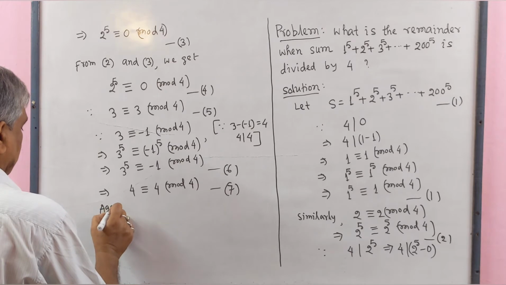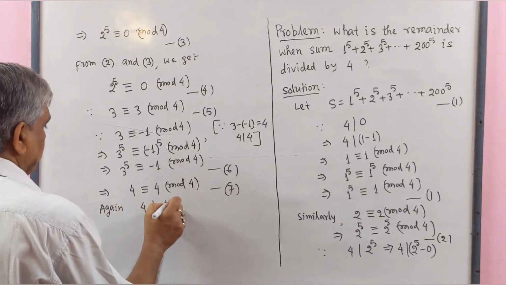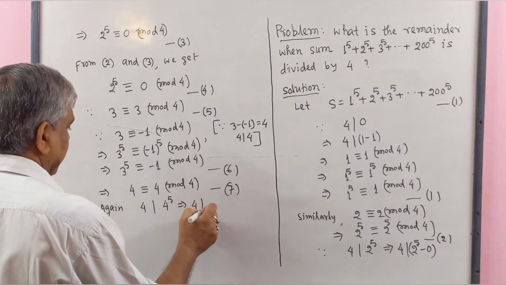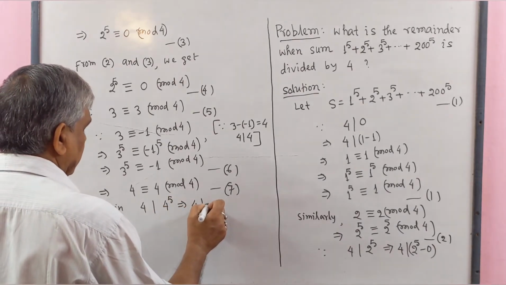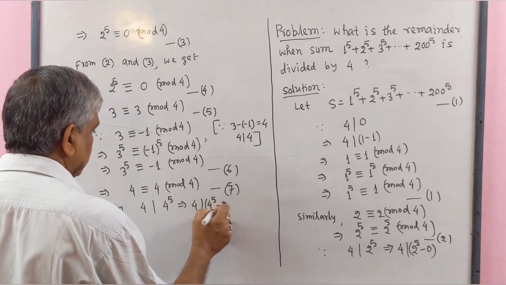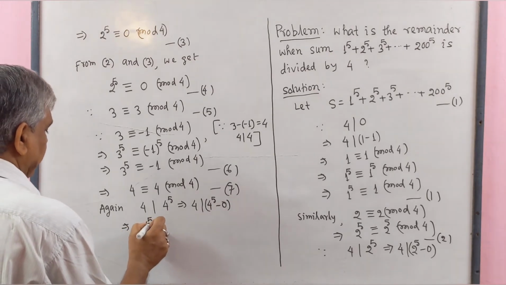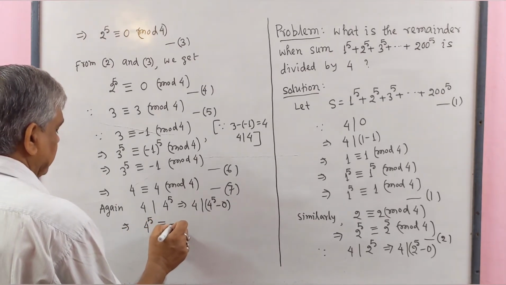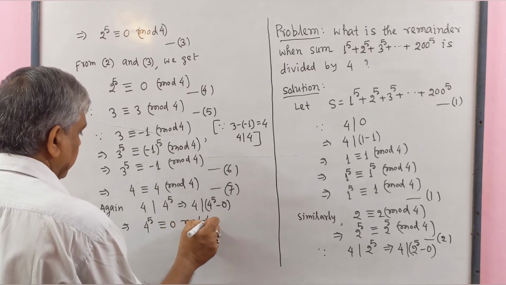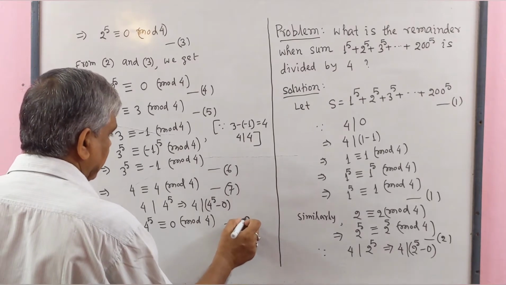Again, 4 divides 4 to the power 5, implies that 4 divides 4 to the power 5 minus 0, implies that 4 to the power 5 is congruent to 0 modulo 4. This is number 8.